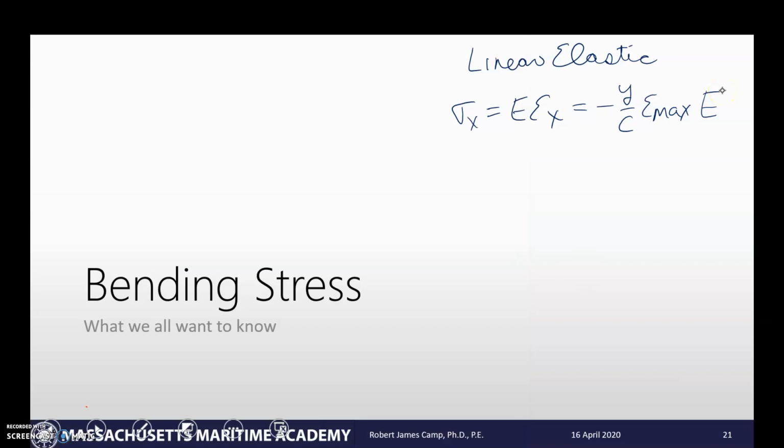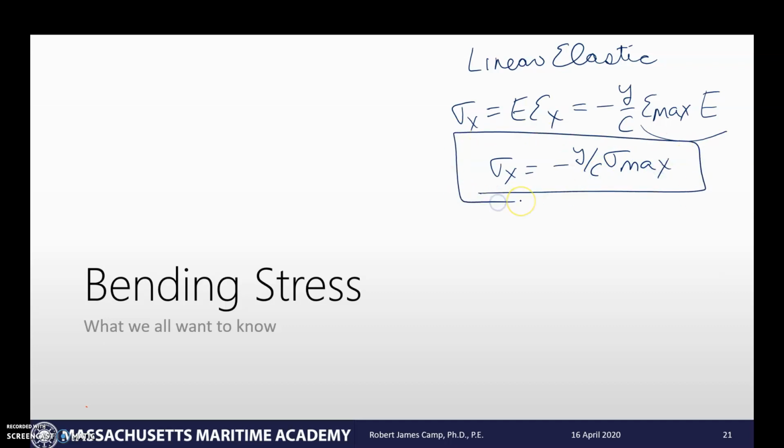And so if I've got the maximum strain times the modulus of elasticity, well, that's going to be the maximum stress. So once again, we can calculate what the stress is if we know the geometry and what the maximum stress is.